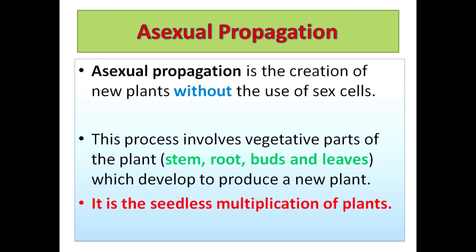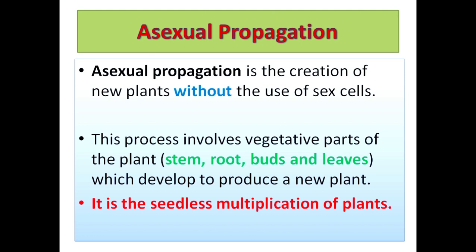Alright, so let's move to asexual propagation. Asexual propagation is the creation of new plants without the use of sex cells. So of course, new plants are produced without the use of sex cells and also seeds. So it is production of new plants without the use of seeds or sex cells. Alright, the second point, this process involves vegetative parts of the plant.